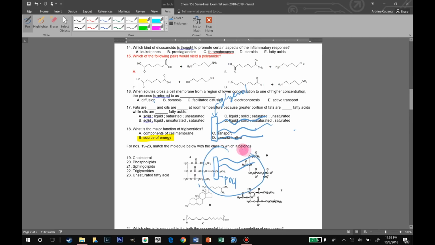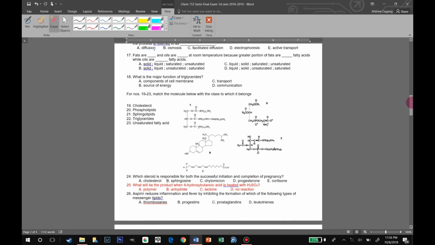So this is the one that is actually the major component in your cell membrane. Letter C and D seems like not an option for your triglycerides. Again, they are mostly used as energy. More correctly speaking, energy storage. Because in our body, what we make use for our major source of energy is not triglycerides, but carbohydrates in the form of your glucose molecule.